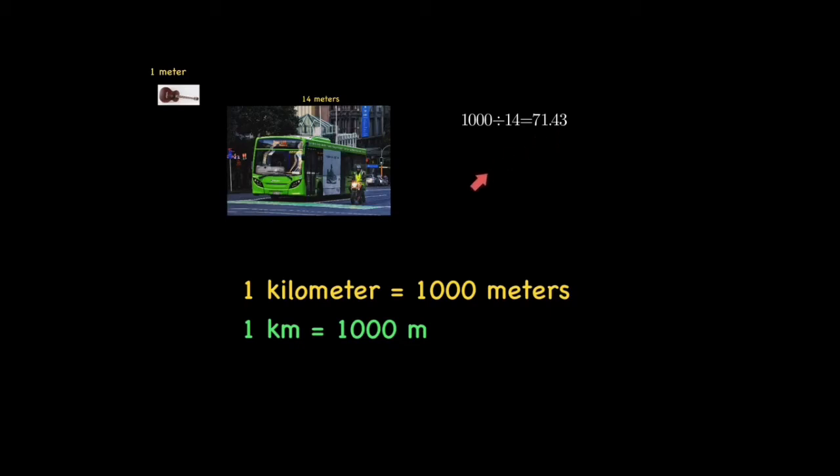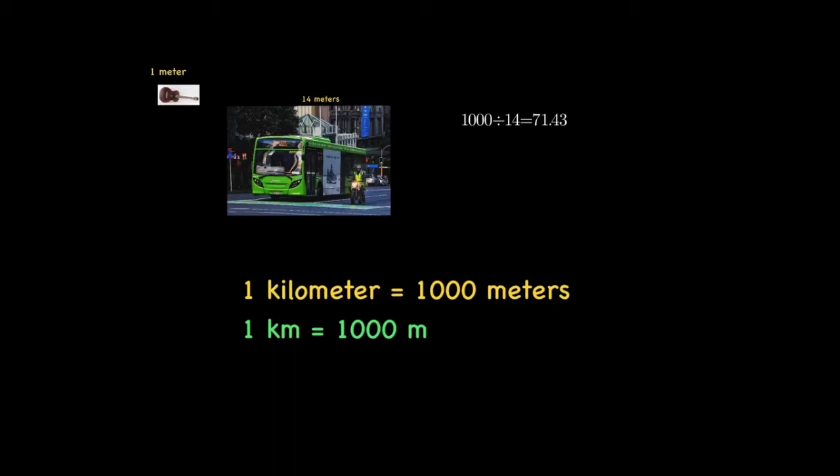This means 1 kilometer is about 71 to 72 buses connected. So that's how long 1 kilometer is. With these two examples, I hope you can visualize now how long a meter is and how long a kilometer is. So let us move on to the process of conversion.